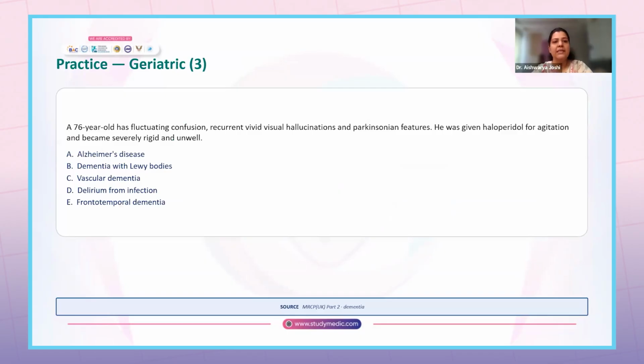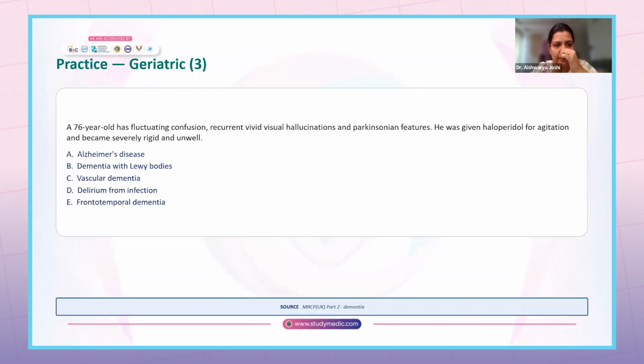A 76-year-old has fluctuating confusion, recurrent vivid visual hallucination, and Parkinsonian features. To revise, Parkinsonian features are resting tremor, rigidity, bradykinesia. He was given haloperidol for agitation and became severely rigid and unwell.